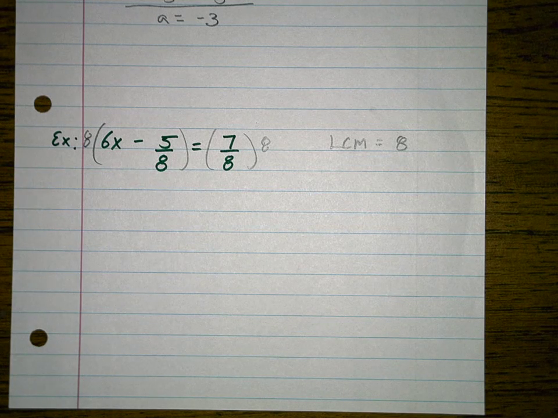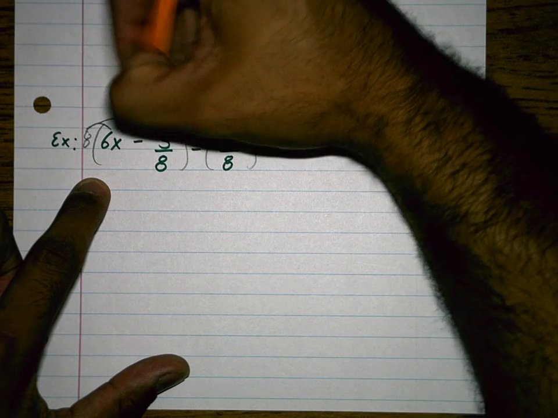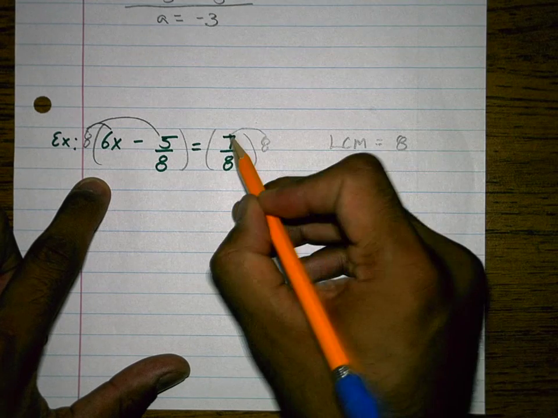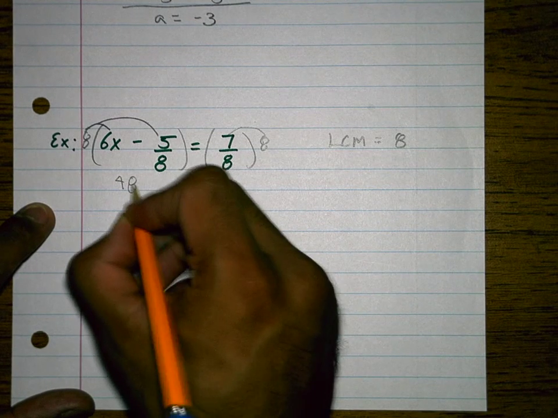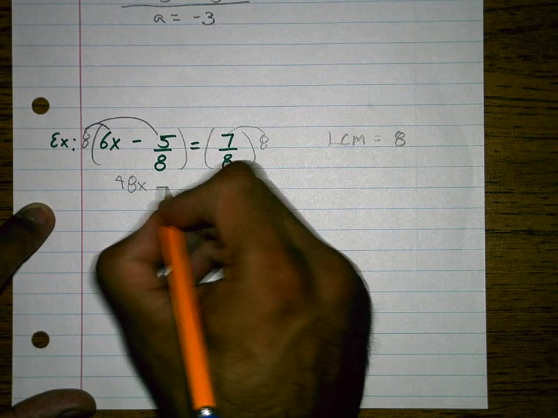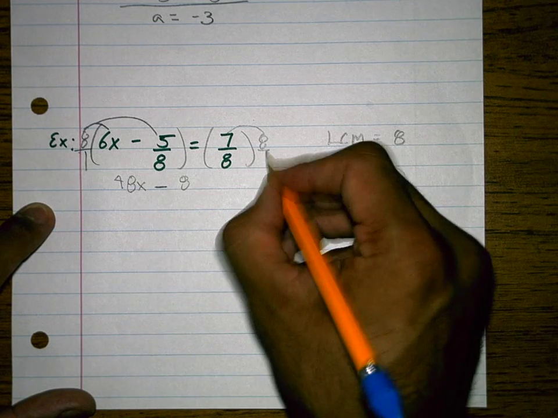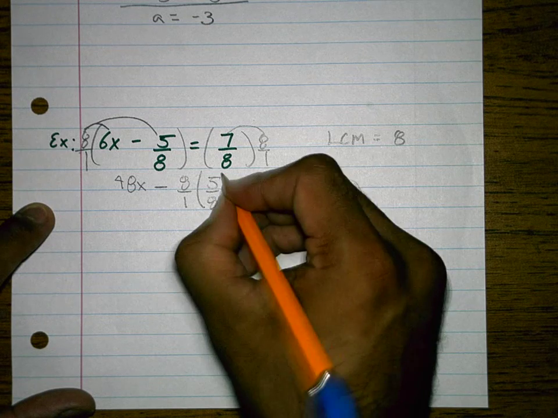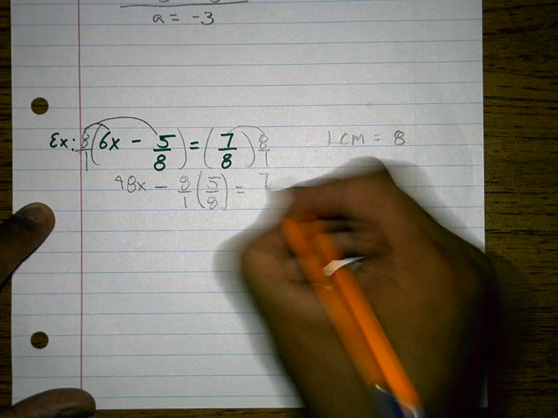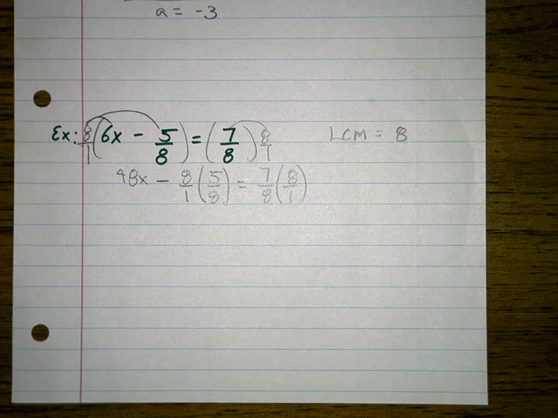Even though this one doesn't have a fraction, I still need to multiply the 8 to it, and then multiply the 8 over there, and right here. So this one turns out to be 48x. Then I'm going to write this one out. Remember, this is the same as putting it over 1, times the 5 over the 8 equals 7 over 8 times 8 over 1.